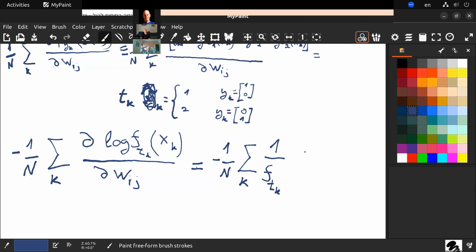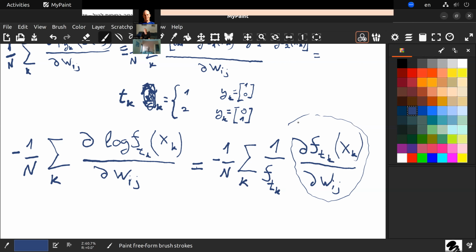And now we need to differentiate the inner function, which is f_tk of x_k. Now, I don't want to mess with all this, so let's focus on this term and try to differentiate it.